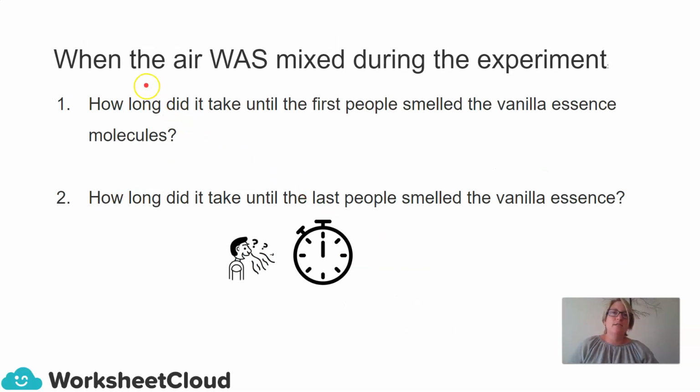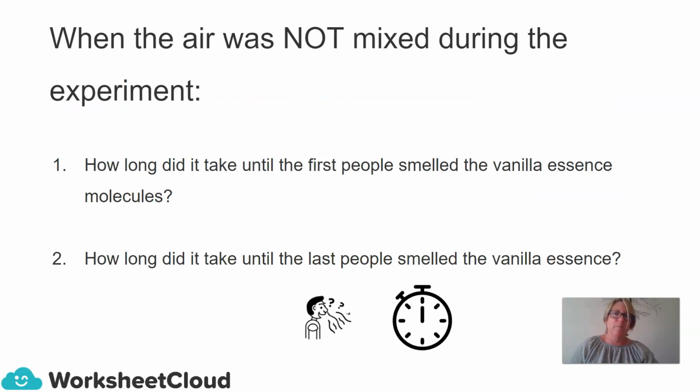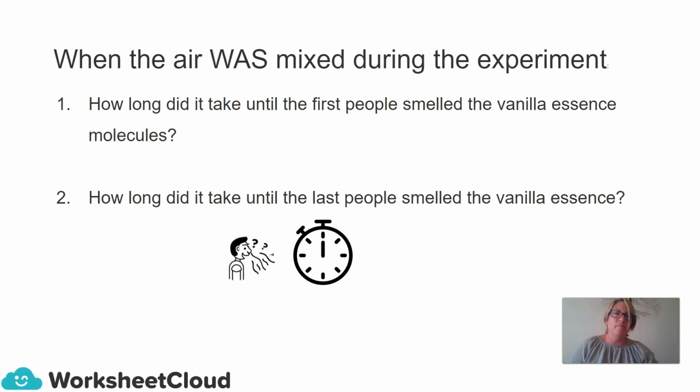And then if you get to this experiment tomorrow, when the air was mixed during the experiment, how long did it take until the first people smelled the vanilla essence? And how long did it take until the last people smelled the vanilla essence? So what you can do now is you can design a table that compares part 2, so when we're speaking about the air, when we didn't mix the air, and when we did mix the air.